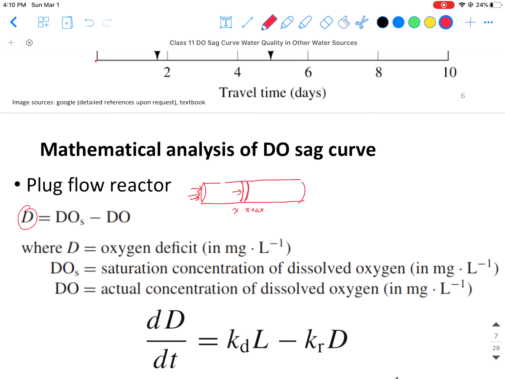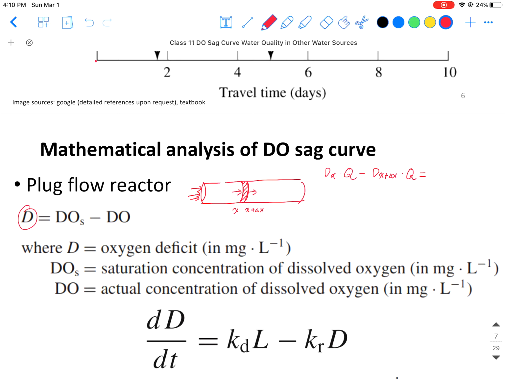So then what we can say is that the oxygen deficit at the location x multiplied by Q, which is the oxygen deficit flowing into this thin slice here, minus D at x plus delta x multiplied by Q, is going to be the reaction rates.